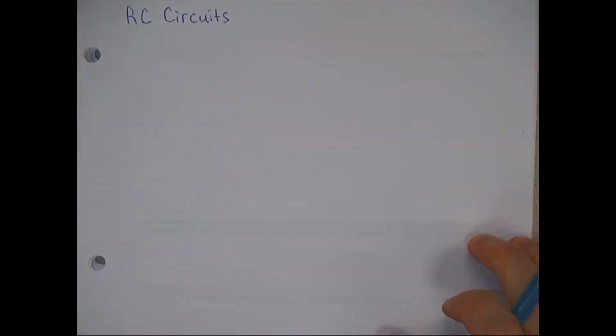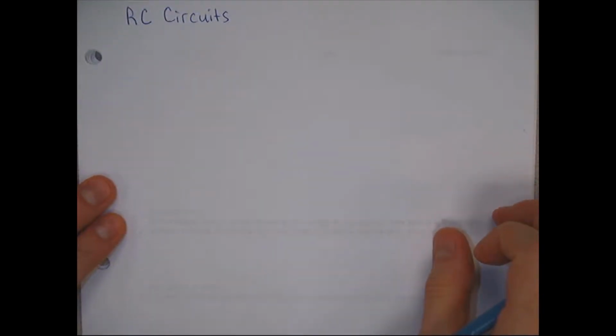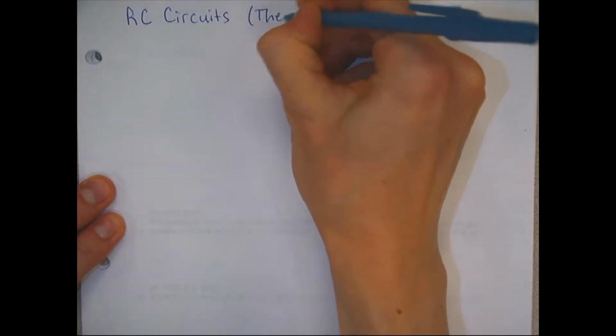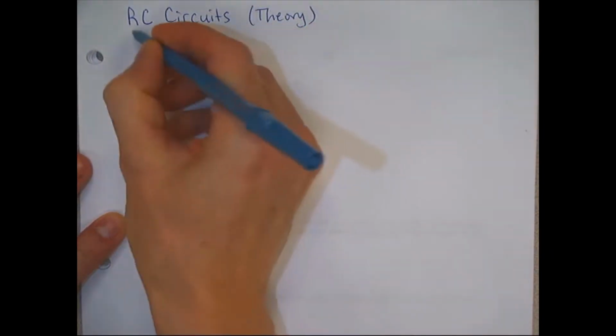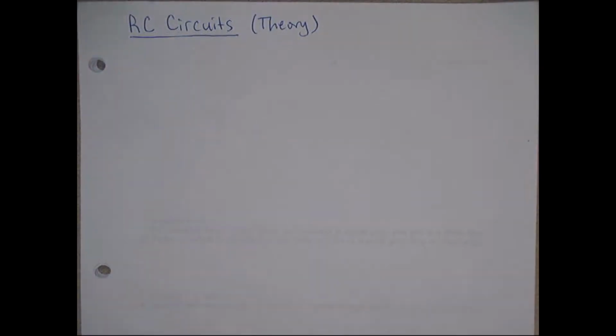Now that we've applied Kirchhoff's rules to DC circuits having a constant current in time, we're going to apply them to a specific type of DC circuit, DC meaning the current is always flowing in one direction.